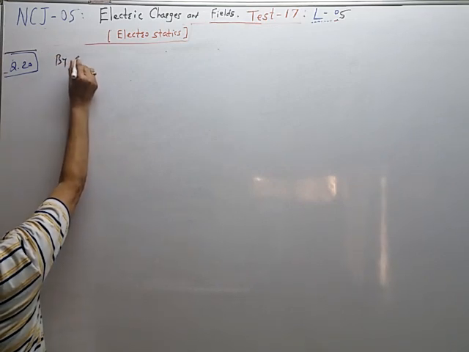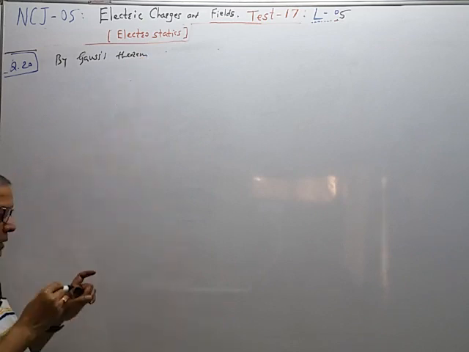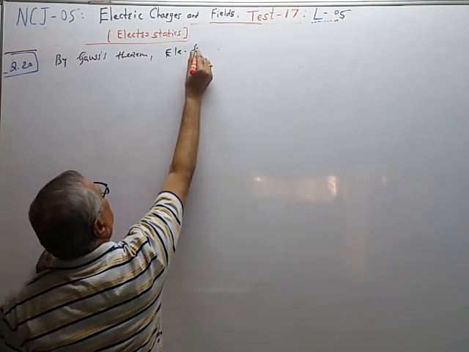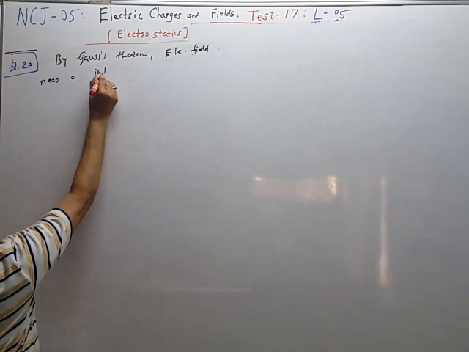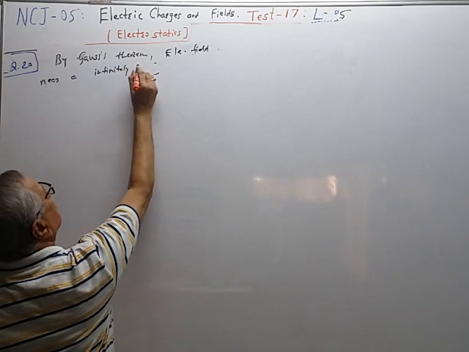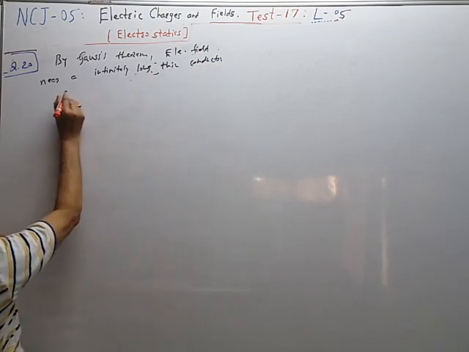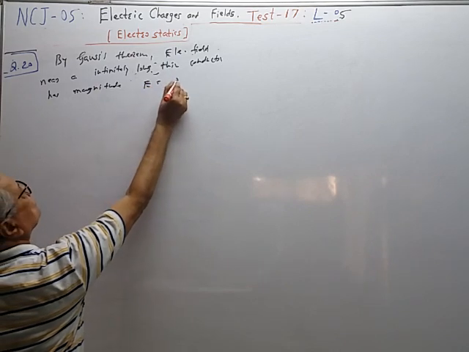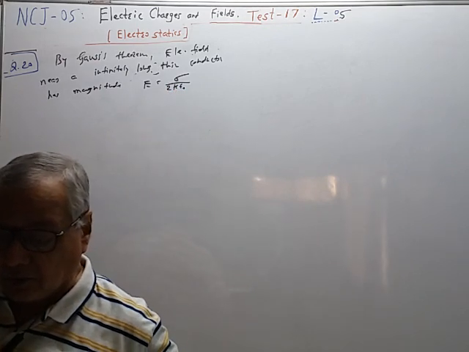By Gauss's theorem, the electric field near an infinitely thin, infinitely long, thin conductor has magnitude E is equal to sigma upon 2k epsilon naught, where k is the dielectric constant.